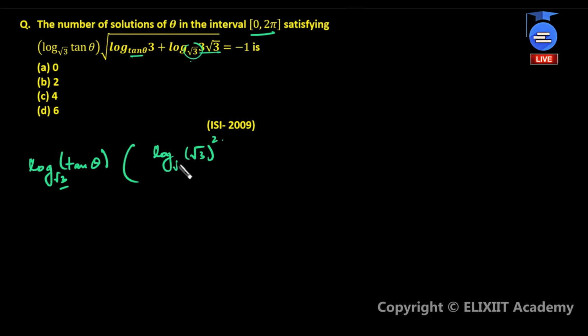Now this will be replaced by the new base. And then old base will come as a component over here. And the new base will come as a base over here. Old base comes over here. Again, power log √3 base whole to the power 2. The component's power is 2.